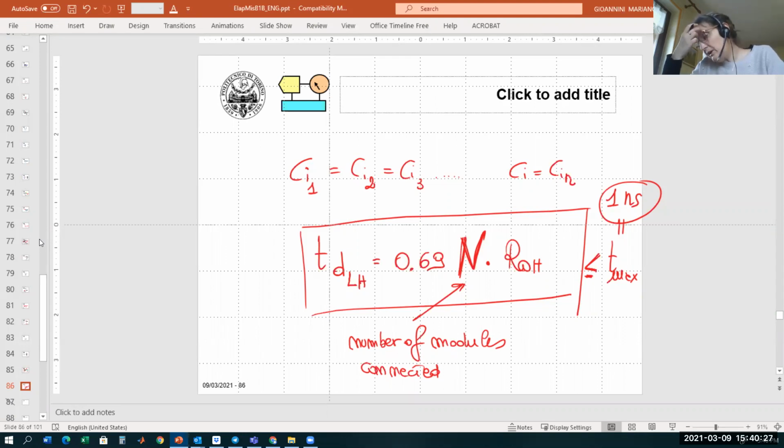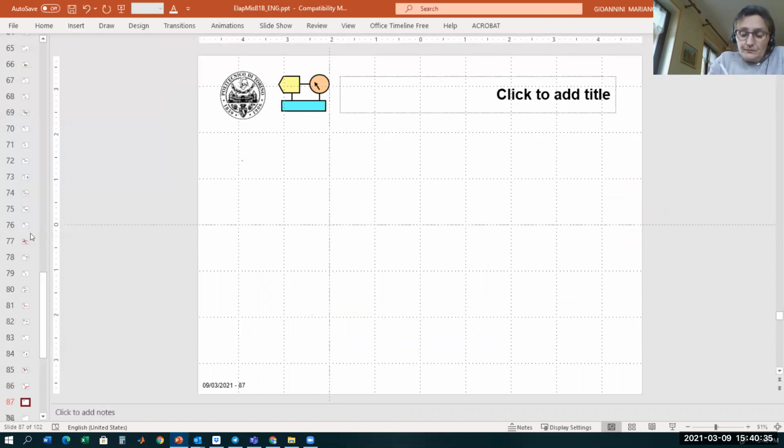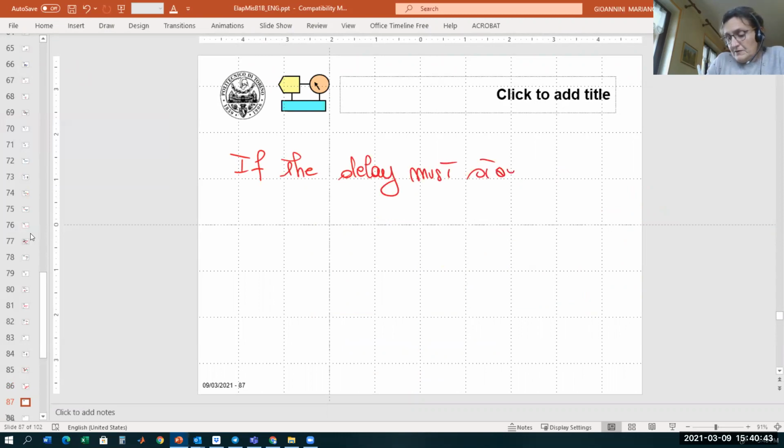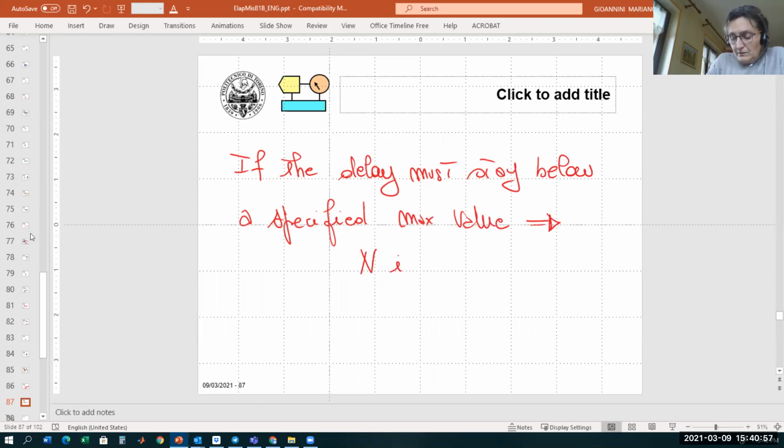So in conclusion, if the delay must stay below a specified maximum value, then n is limited to a maximum number of gates that I can connect.